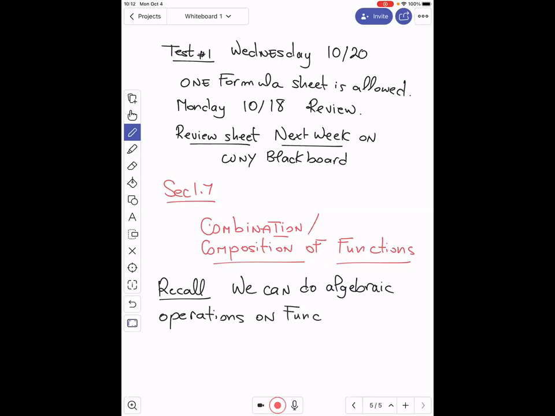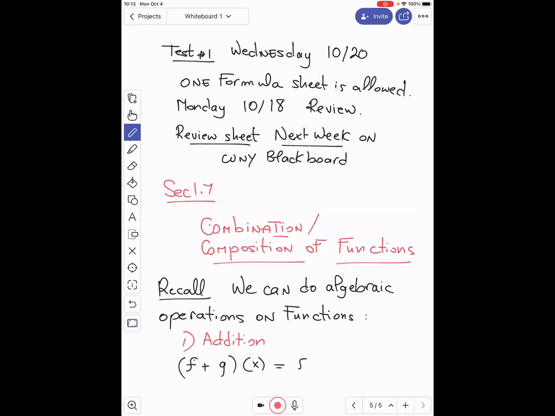What do I mean by algebraic operations? For example, addition. The addition of functions is denoted by f plus g of x.